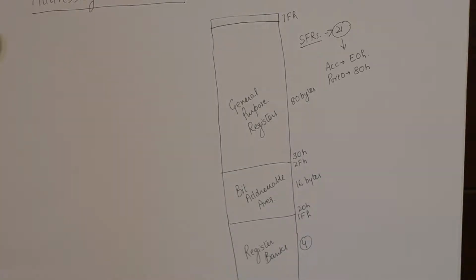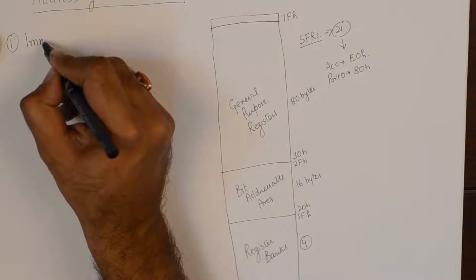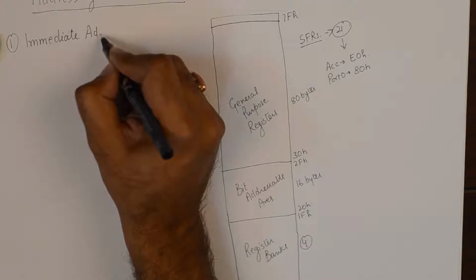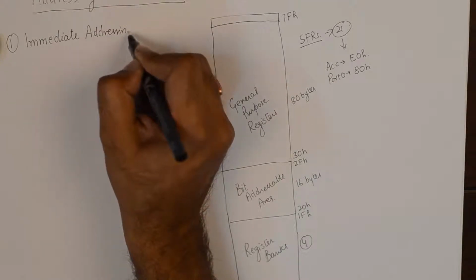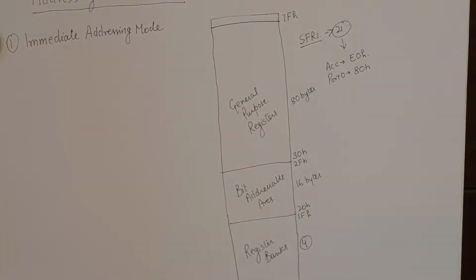Alright, now let us begin with the first addressing mode, which is immediate addressing mode. Now this mode is the simplest mode of addressing, and this implies moving a specific number into a specific register.